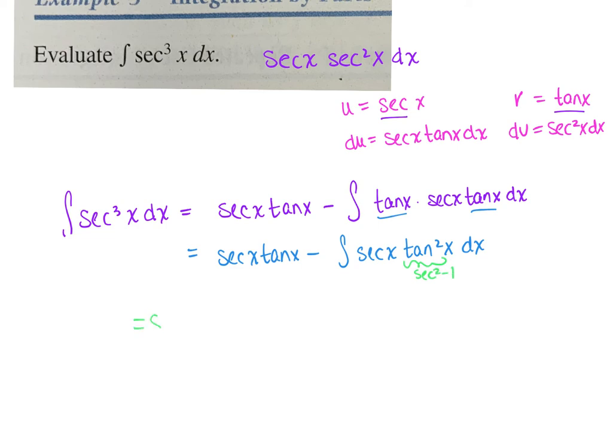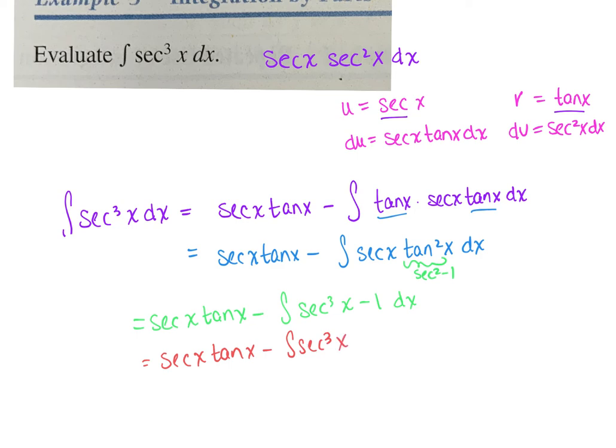So I get secant x times, I actually end up with secant cubed of x minus 1 dx. Now, from way back when we started doing integration, if you have a plus or minus within an integration, you can actually integrate each piece separately, which means I can write this integration like this. I can say integration of secant cubed of x, right?